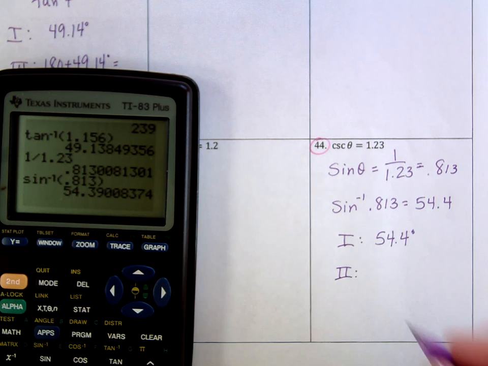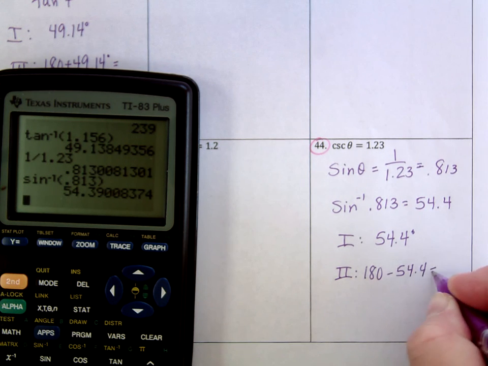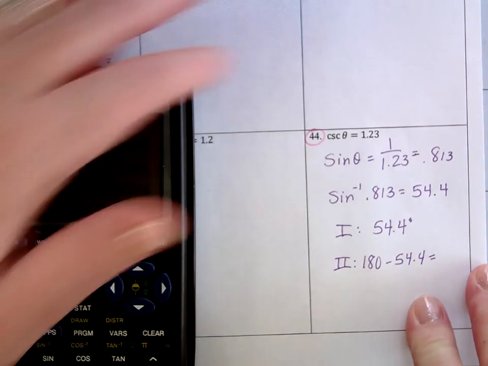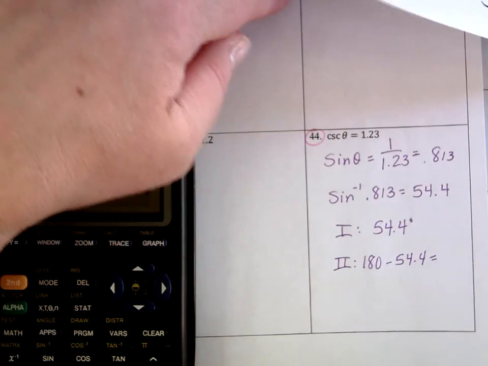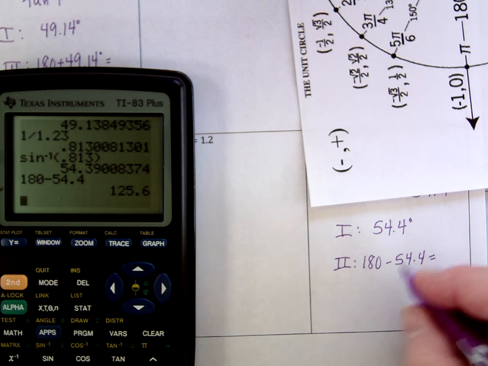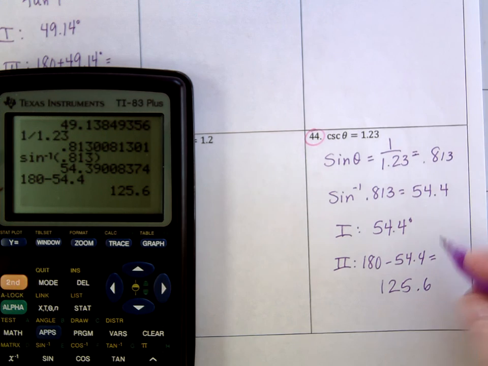In the second quadrant, it's going to be 180 minus my angle. And so just to be right, it's 180. Oop, the wind's blowing. All right, I have 180 minus 54.4. And that gives me 125.6. And they would be my two answers for that.